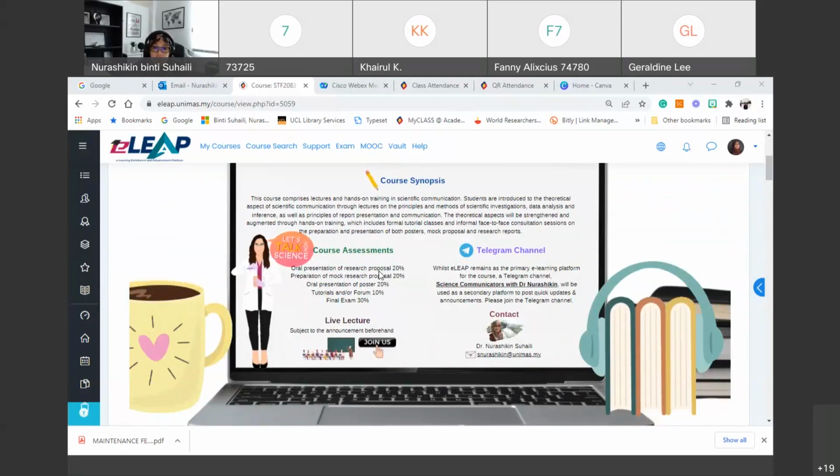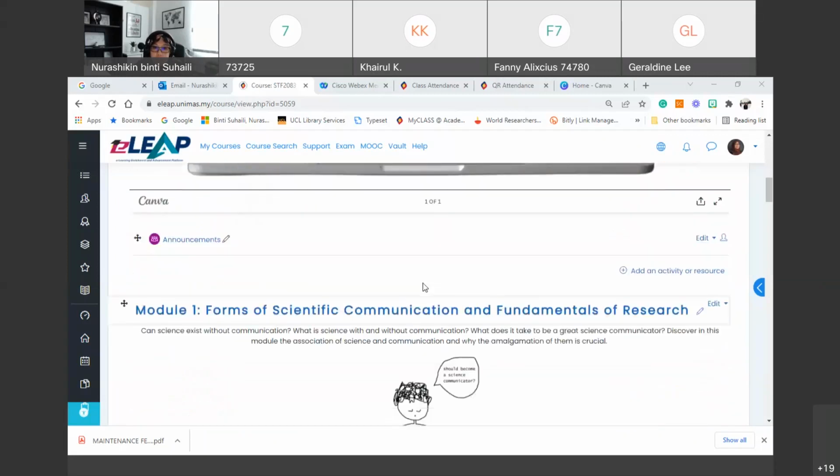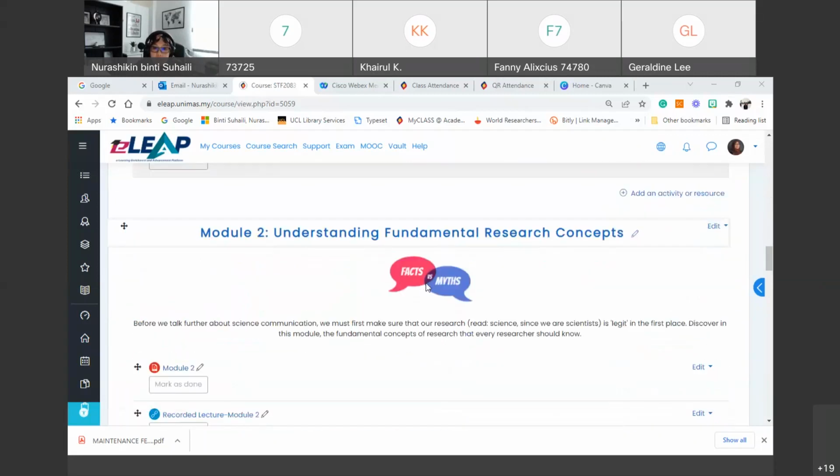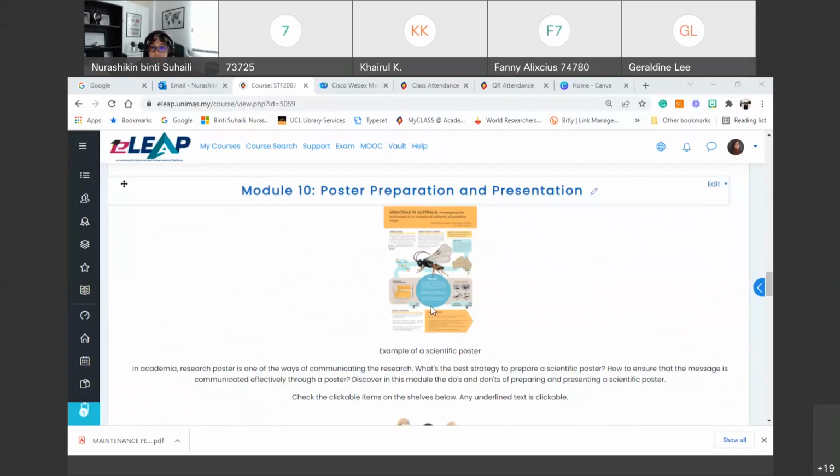So you're going to discuss among your group members how to prepare the research proposal, how to present, and how to prepare a poster. This 20% weightage for the poster, you would have to do after we finish this module.